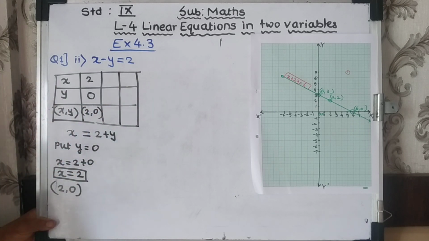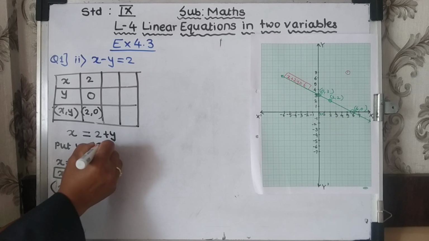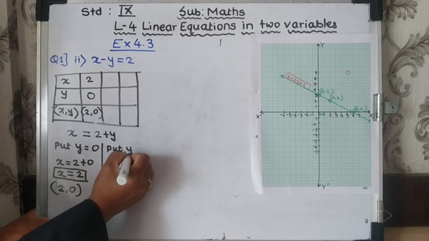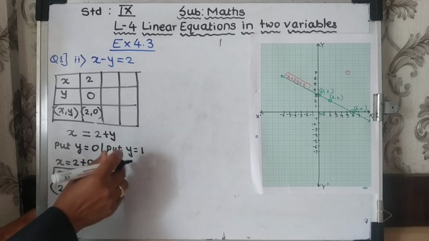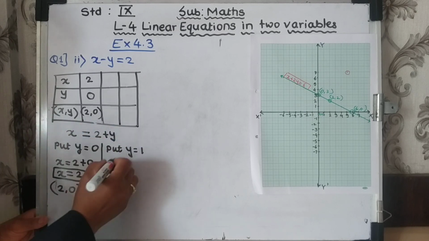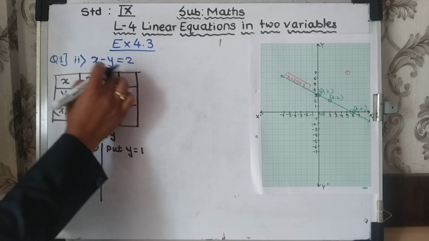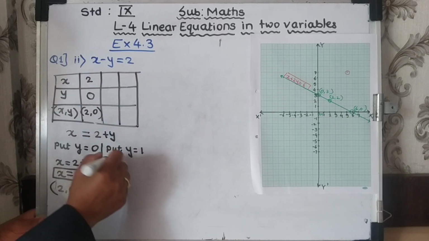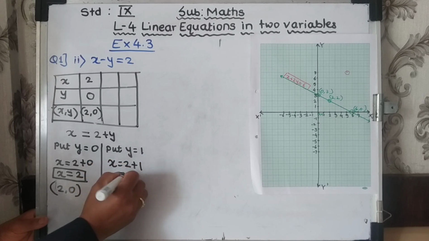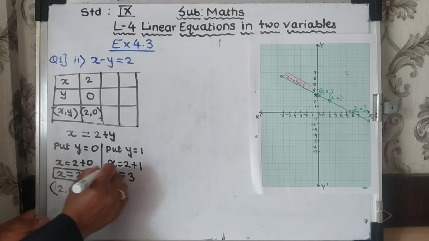Got it? This is the first value we got. Now second, let's put y equals 1. So we will put here y equals 1 now. So this equation which we have, y we have transformed here and we are simplifying, right? So x equals 2 plus 1. So we got x equals 3.